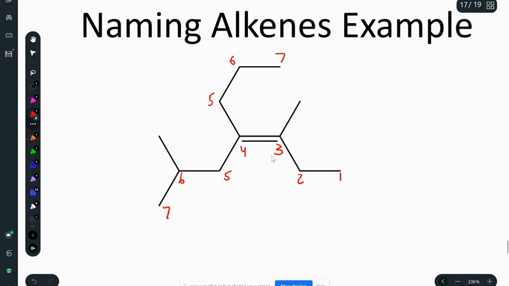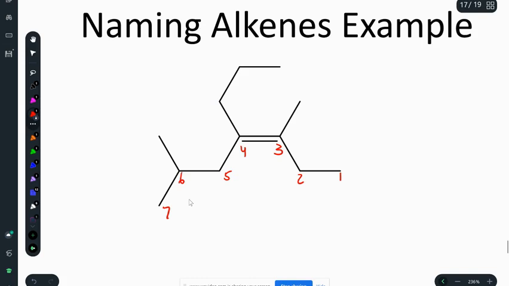When you have 2 different chains that are the same length, the rule generally is to choose the one with a greater number of substituents coming off of it. So I'm going to choose this bottom route because it has an extra methyl group coming off of carbon 6.